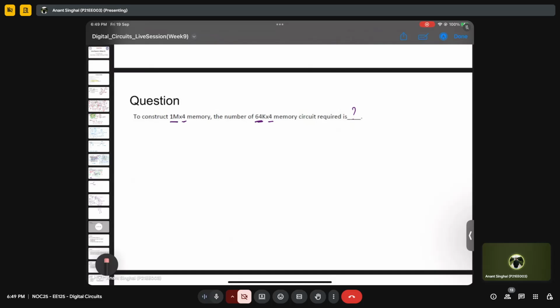So it says 1 mega, which is nothing but if you make 1 mega into kilo, it will be 2 raised power 10, that is 1024 kilo. I mean 1 MB, you might already have seen, is 1024 KB. That is what I have just said. And here it says 1 mega memory from 64K. So what I can do is 1 mega cross 4 using 64K cross 4.